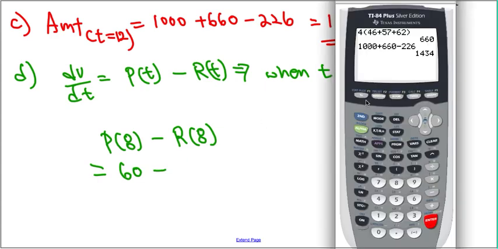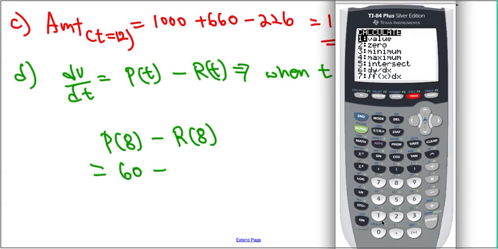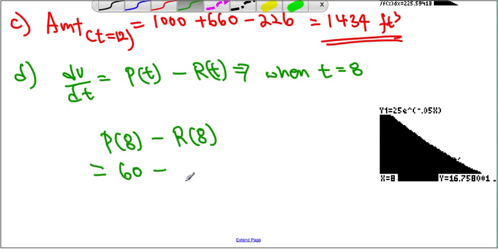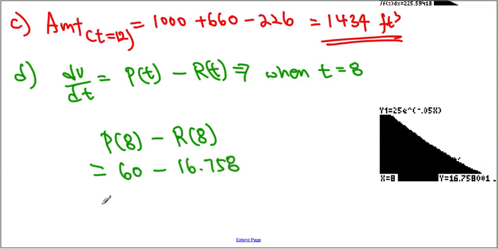We can figure that out from here, since this one was equal to R. R of 8 is 16.758. That's basically what we end up getting.